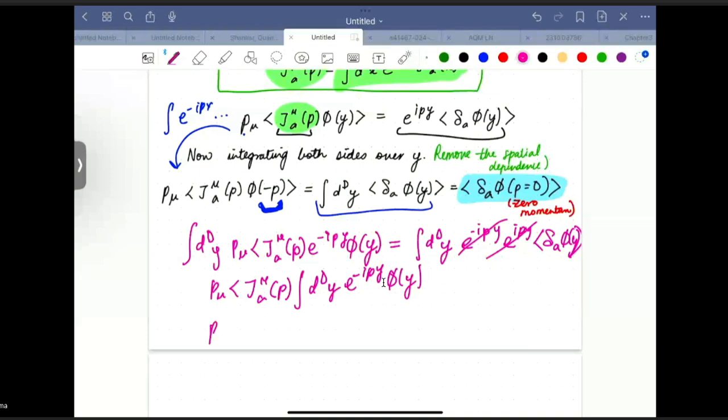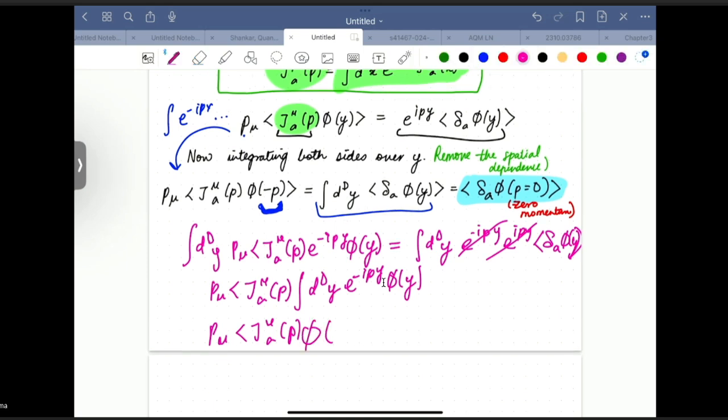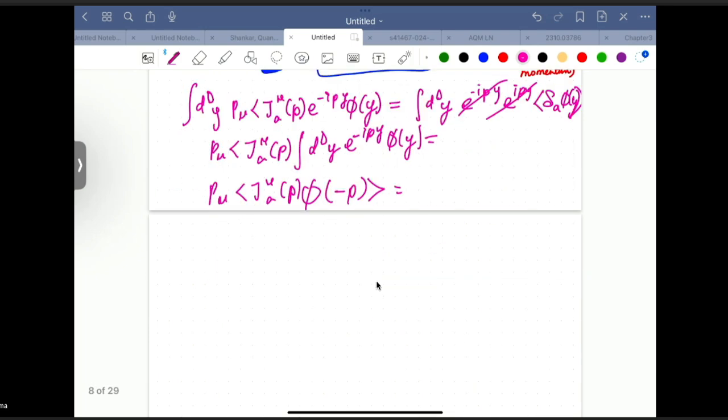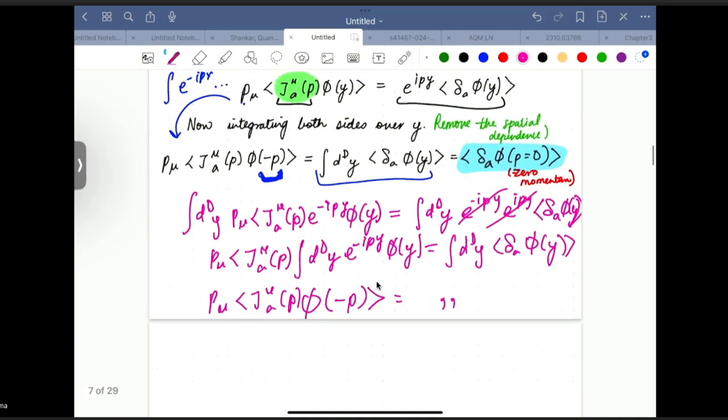So all I'm left with is phi of minus p on the LHS, and on the RHS it's literally the same thing copied over, phi of y. So that's that. So now I've resolved how I got this part of the equation.